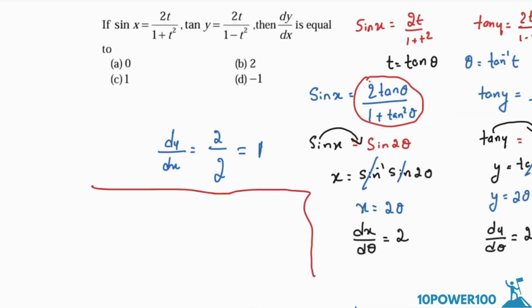So the extension question for this is: sin x is equal to 2t into root of 1 minus t square. So this is sin x, and 2x is equal to 1 minus t square. Now cos y is equal to 1 minus 2x square.